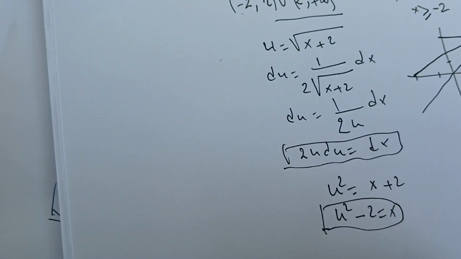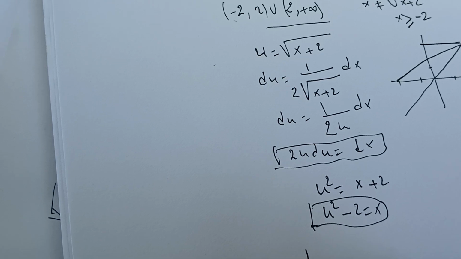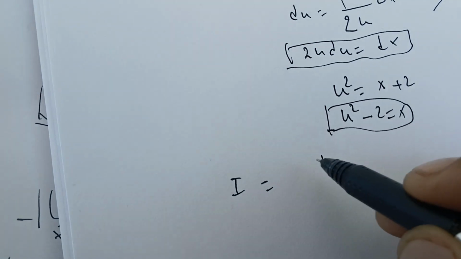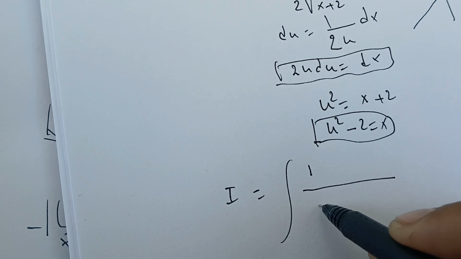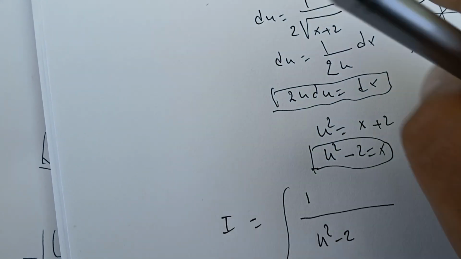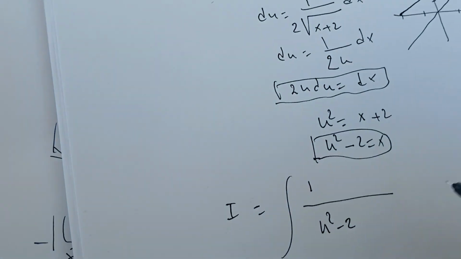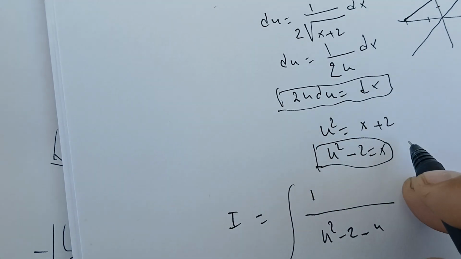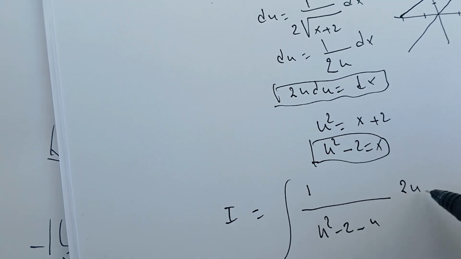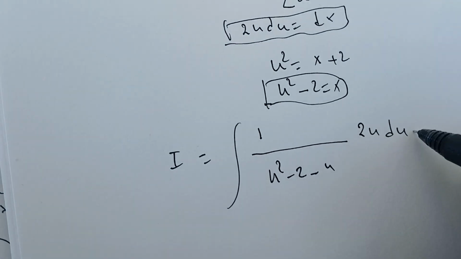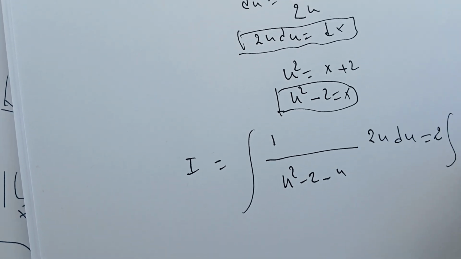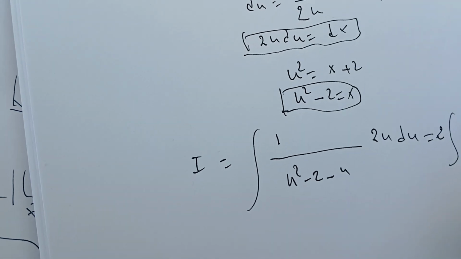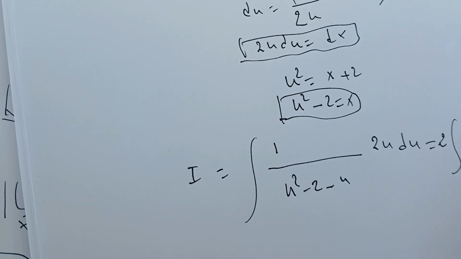So we're going to find that the integral I is equal to 1 over x, which is u squared minus 2, minus the square root of x plus 2, which is just u, and dx is 2u du. Finally, we take the 2 and we leave it outside. We get this integral 2 times u over u squared minus u minus 2 du.